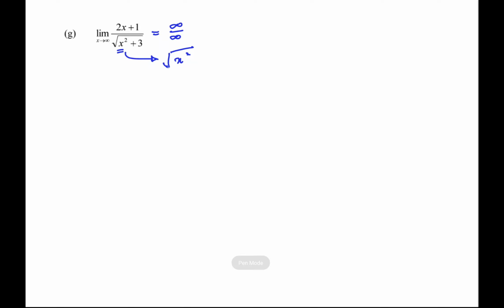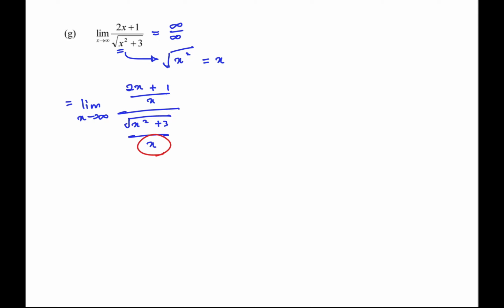Okay, so this one equals x. So you must solve this one by dividing all the functions by x. Okay, so the square root of x squared plus 3 divided by x. Also the same thing here, we must modify this one to become x squared inside a square root.